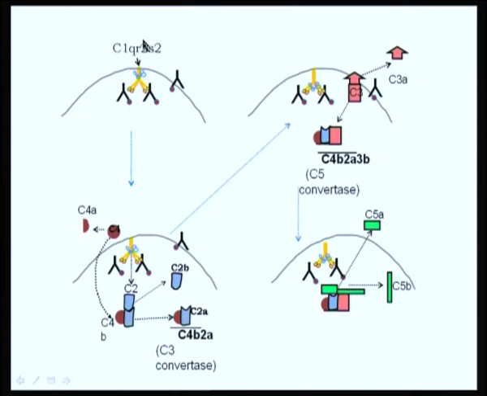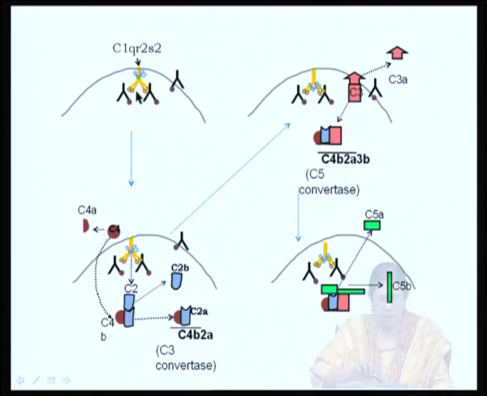Now, the C1q binds to an exposed region present on the Fc region of the immunoglobulin molecule after it is bound to the cognate antigen. So, it is very important to know that antigen antibody interaction brings about a conformational change not only in the antigen binding site, but also in the Fc region, which is the constant domain of the immunoglobulin molecule.